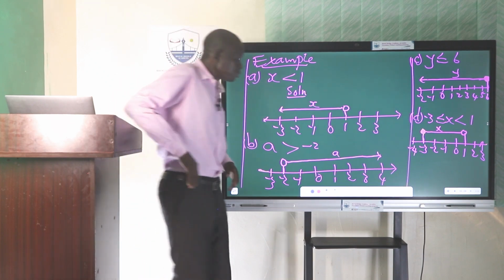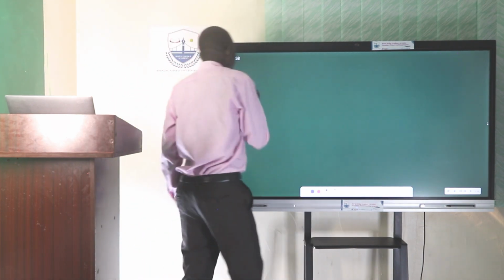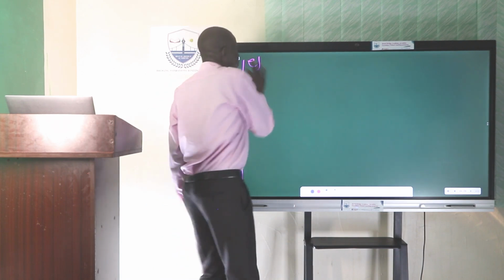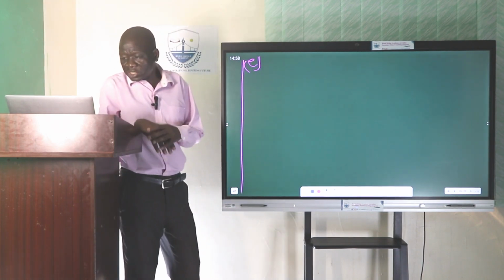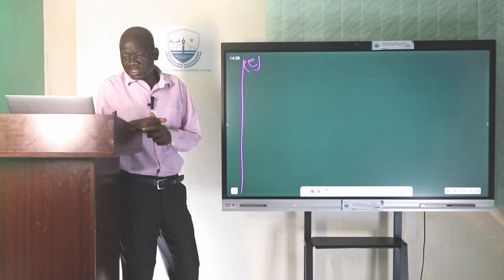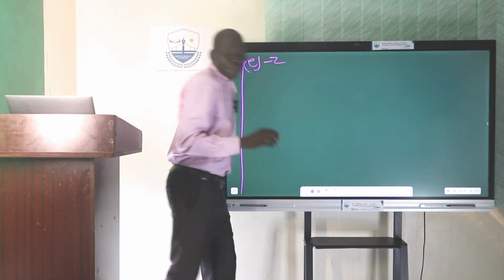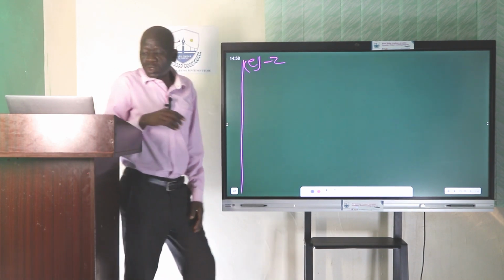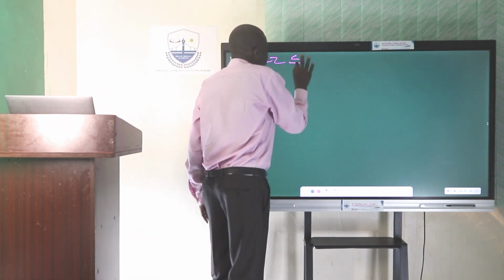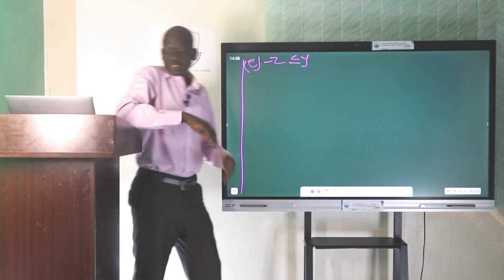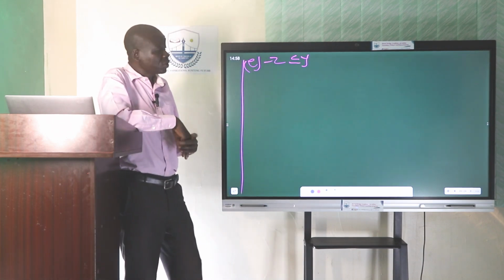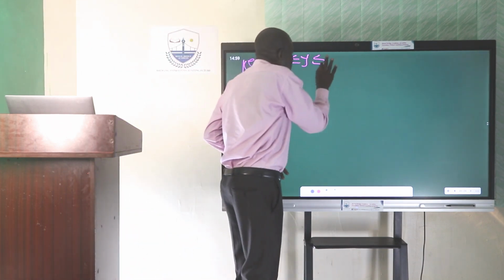Next is part A. It is an inequality that says negative 2 is less than y, is less or equal to 4.